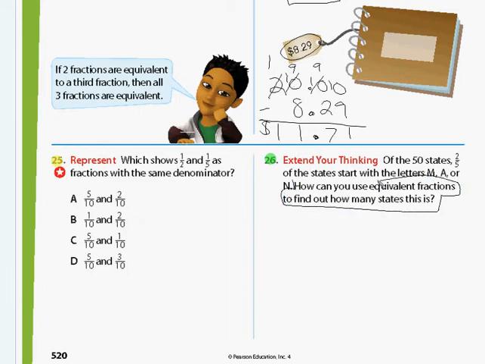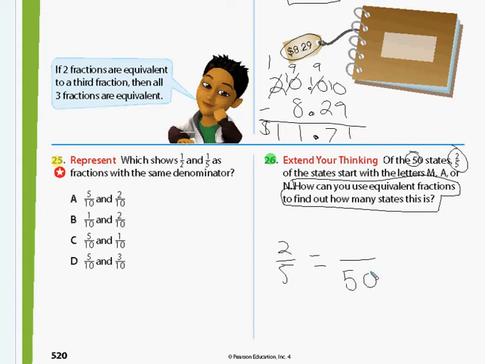So there's 50 states total, and 2/5 of them start with M, A, or N. And we know the total amount of states there are 50.